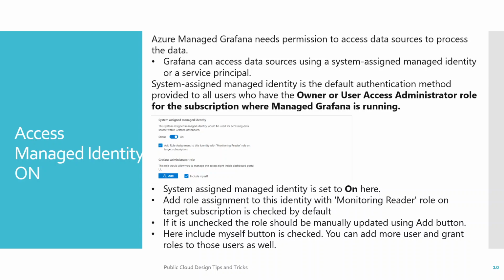Okay. So here, if you see in the add button, there is an include myself box that is already checked. That means you are added by default, but you can also add more users, and can provide roles to those users as well by clicking the add button. Okay, so I hope this is clear.